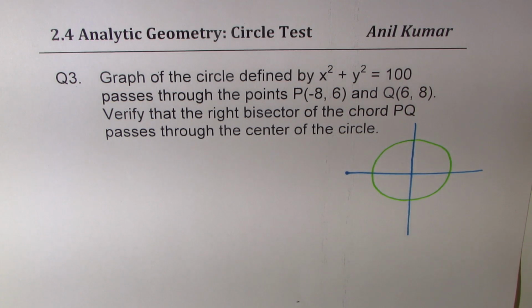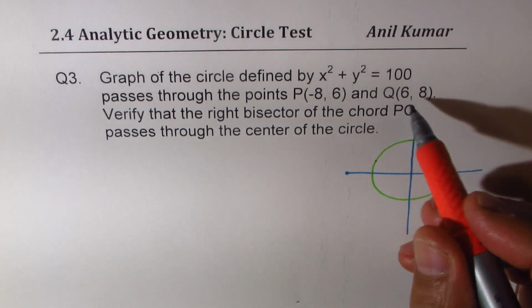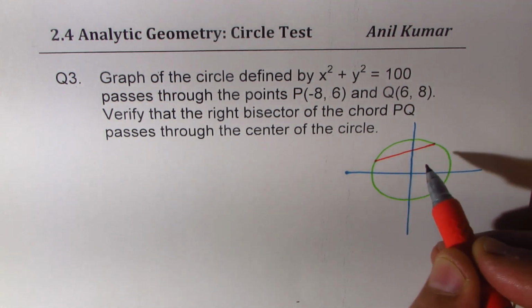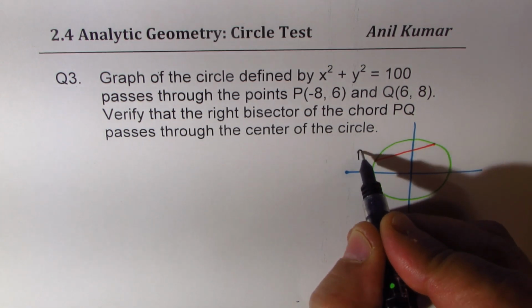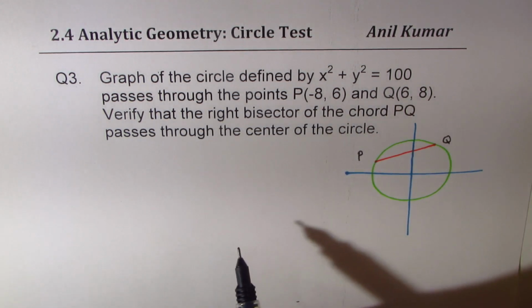And on this, we are given a chord PQ. (-8, 6), let's say this point, and (6, 8), let's say somewhere there. So let's say this is the chord, which is PQ, with the given coordinates.